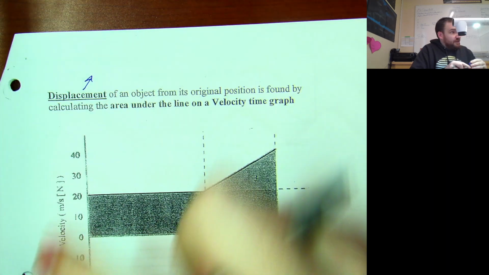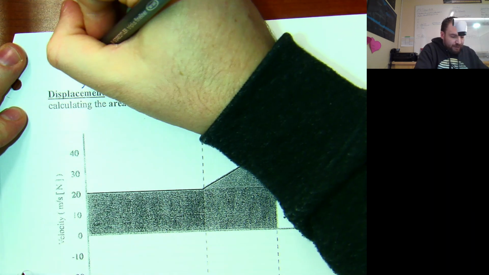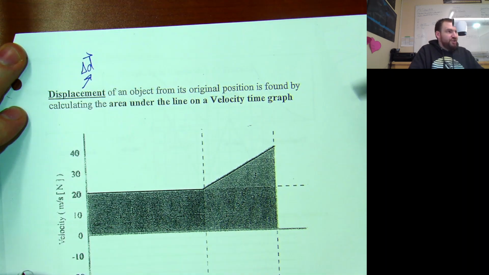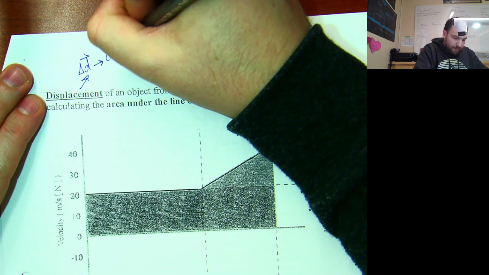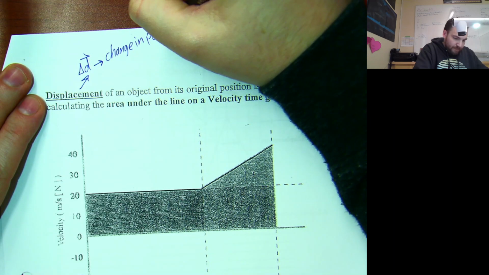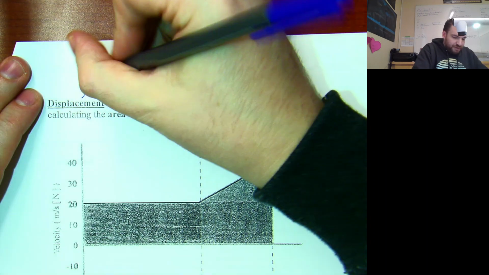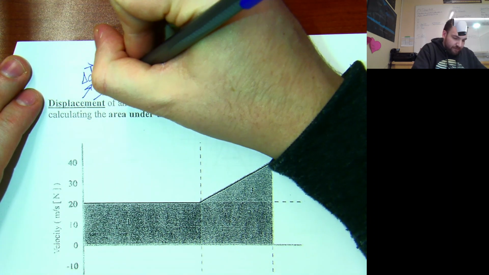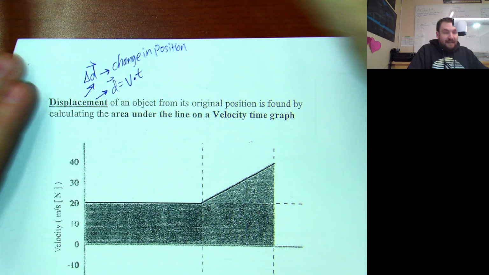Okay, so you can think of displacement as being a change in your position. How else can you find your displacement? Yeah, v times t. So your displacement could also be a velocity times a time.